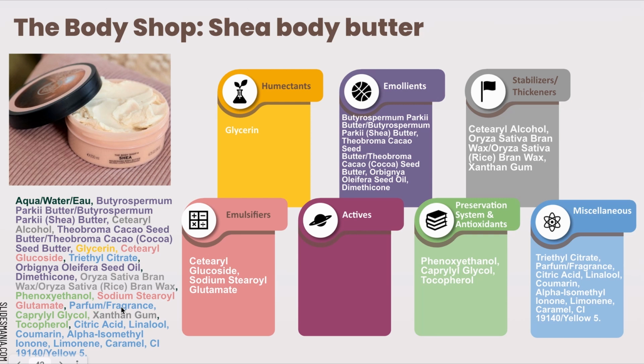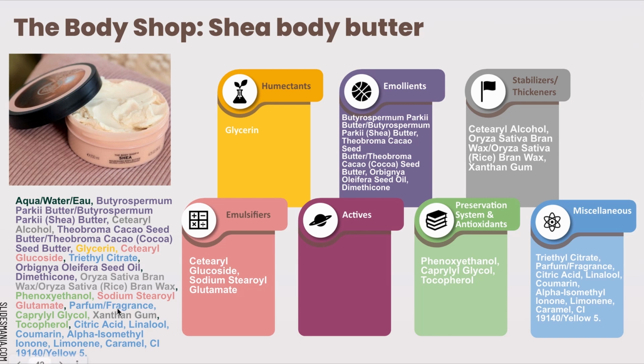And you will see, because in Europe it's compulsory to declare in the ingredient list those constituents of fragrance that are among the known allergens, some constituents here of the fragrance, which are the linalool, the coumarin, the alpha-isomethylionone, the limonene. So these are part of the fragrance and are known allergens that must be listed.